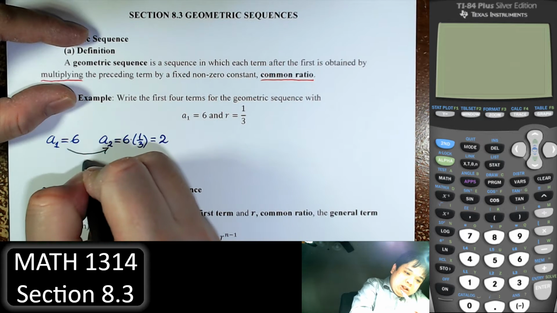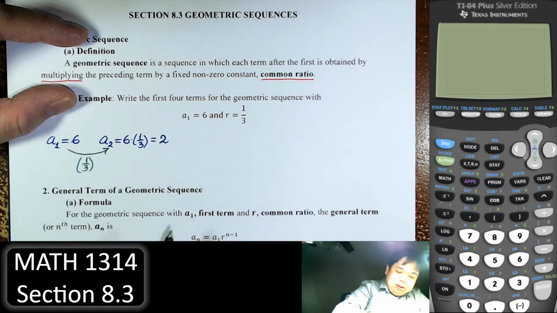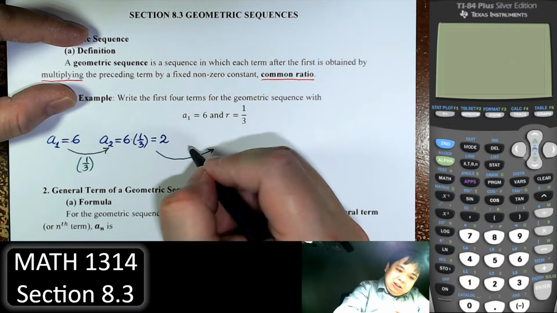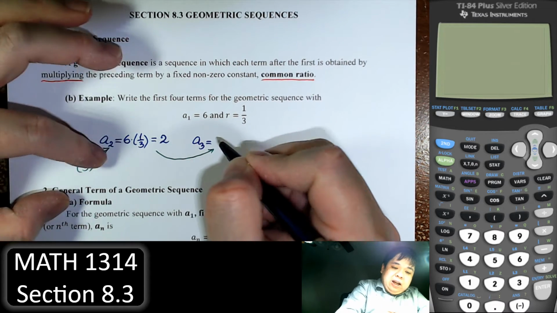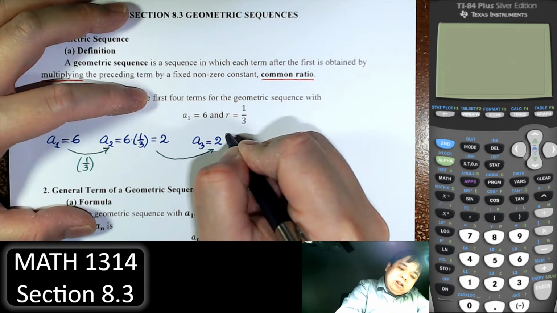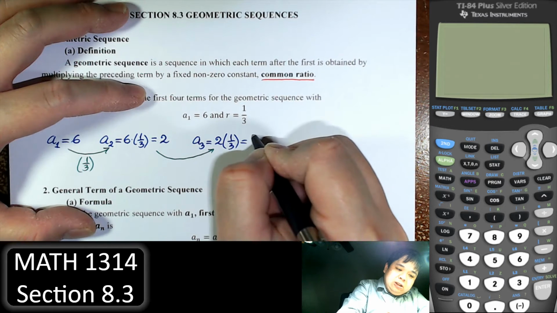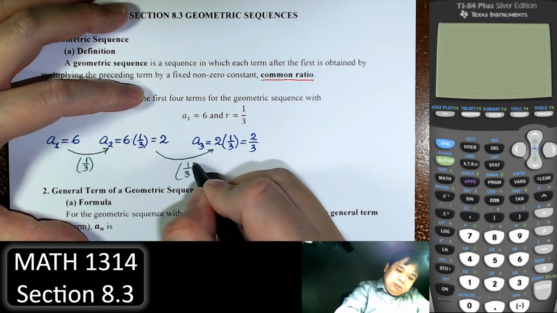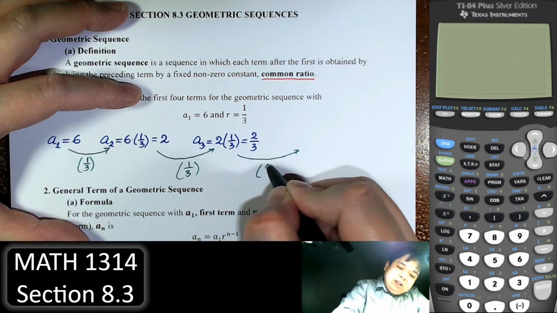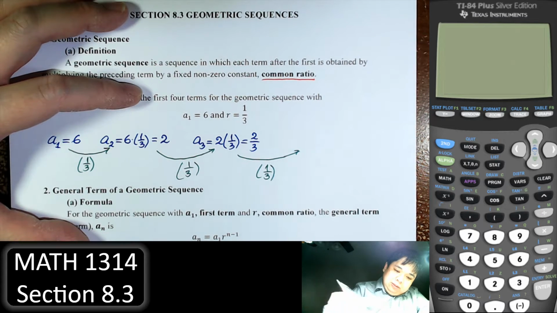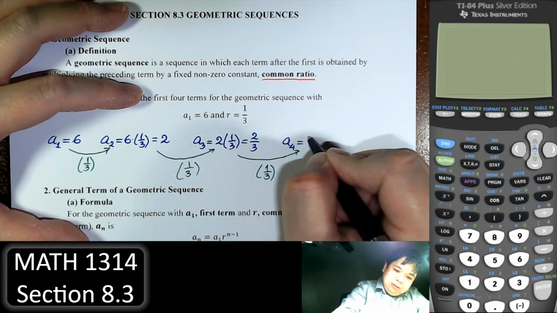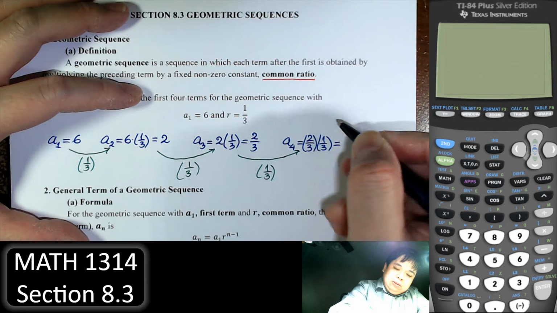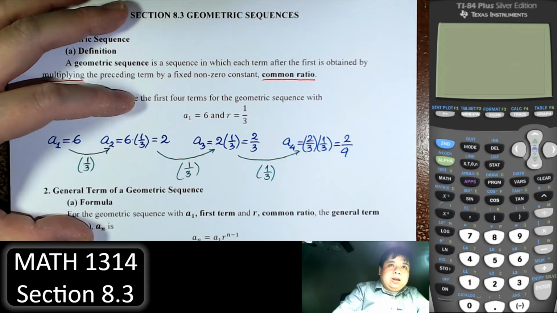So we multiply by 1/3, and then keep doing that. And we just take the 2 times 1/3, and keep multiplying one more. So that is the first four terms.